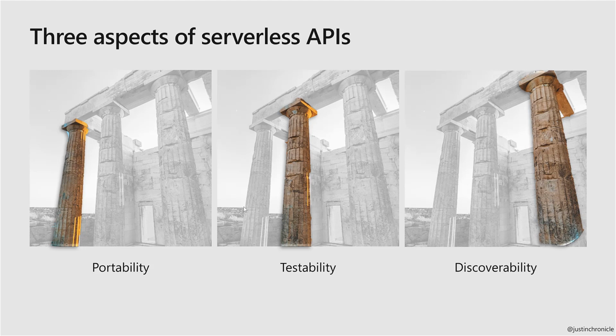And the third one is, because this is an API, the API should be discoverable by other applications or other machines. So those 3 aspects are the key to building serverless API.